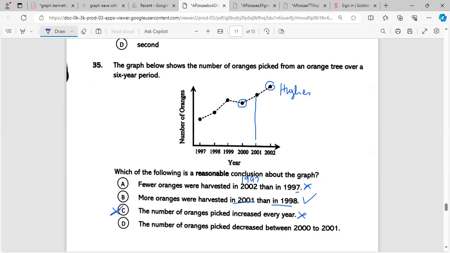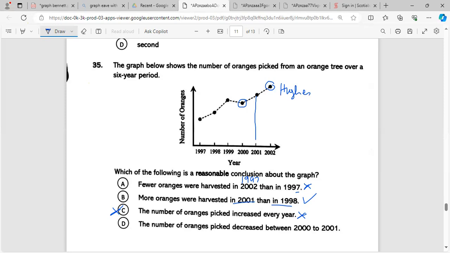If you take D right now, sir, you said the difference between... And it didn't decrease, it increased. If I said it increased, B and D would be correct. But it didn't decrease, it fluctuates. You see, once you have up and down, it's fluctuating.